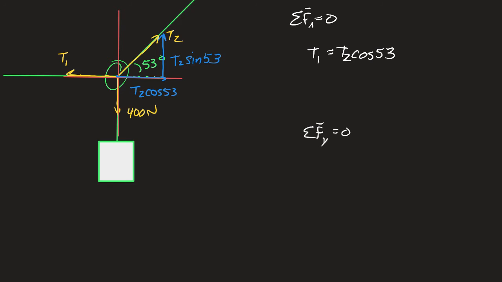Am I all right with that? In the same way that 400 has to equal T2 sine 53 degrees. Is that good? That's the up and down ones. Sine. Good, good, good. Making sure somebody's paying attention.